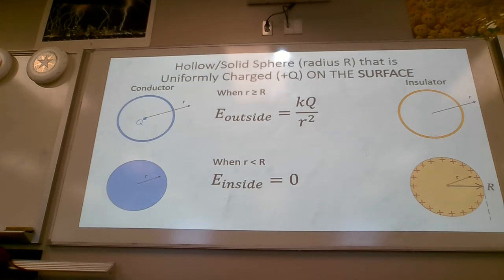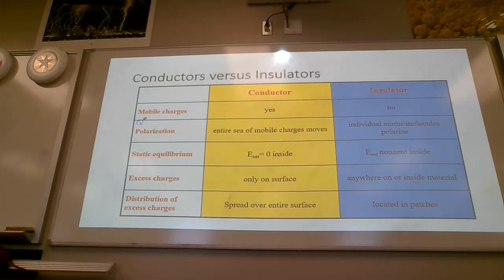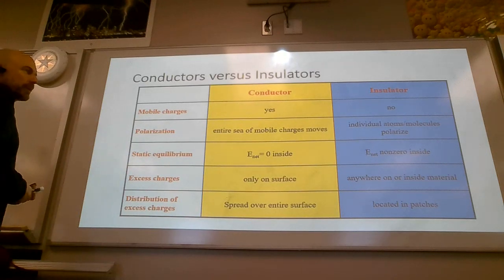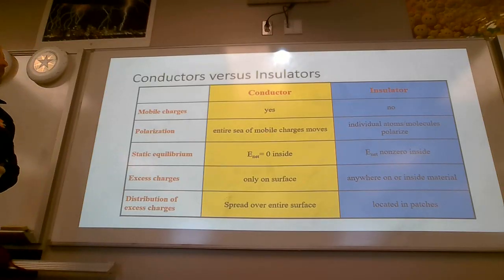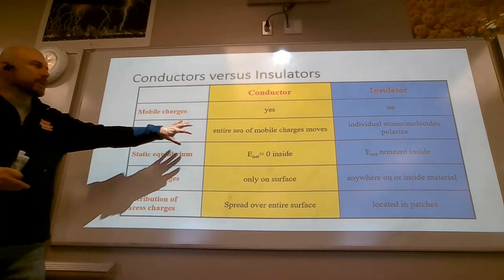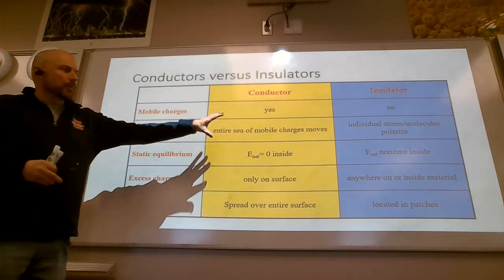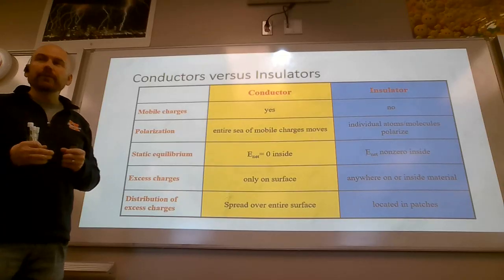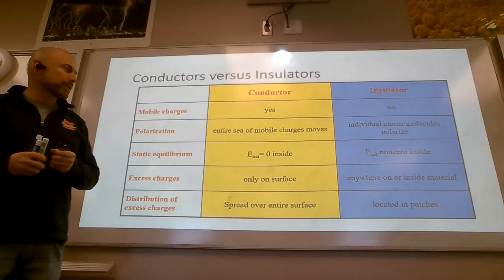That's easy. Okay. So, kind of giving it a chart here, and I posted this PowerPoint on Canvas. So, mobile charges, conductors, yes. Insulator, no. Polarization, entire sea of electrons moves versus an insulator. It polarizes, but the individual atoms or molecules polarize.